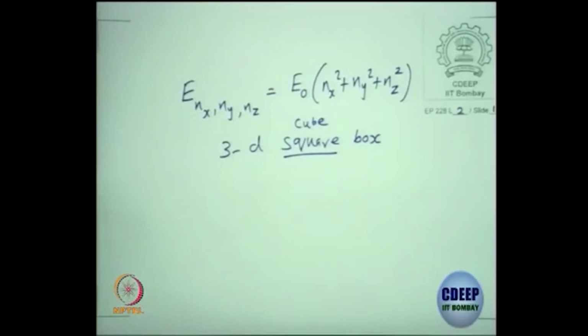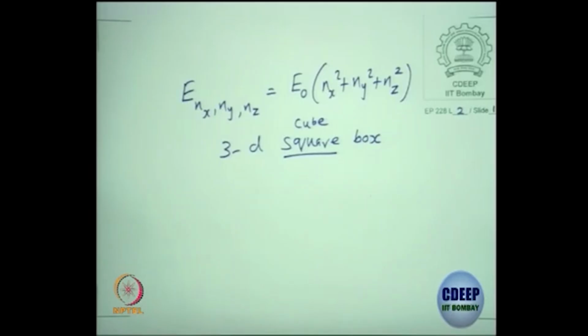If you understand two dimensions, you can get to what happens to degeneracy. The cubical symmetry will allow permutation of nx, ny, and nz. The energy E nx, ny, nz is E naught times nx squared plus ny squared plus nz squared.